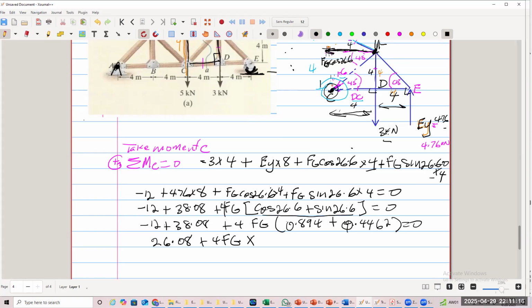We both got them as positive, so it is going to be 1.340, equal to 0. What does this work out to be now? So it's 26.08 plus 4 times that. We're getting, what is this now?